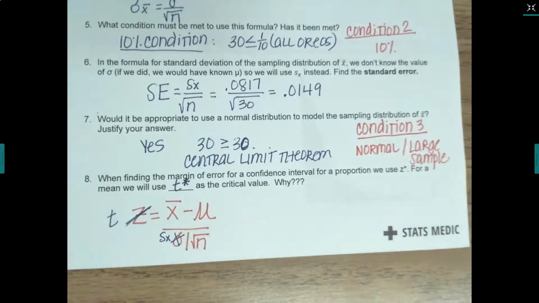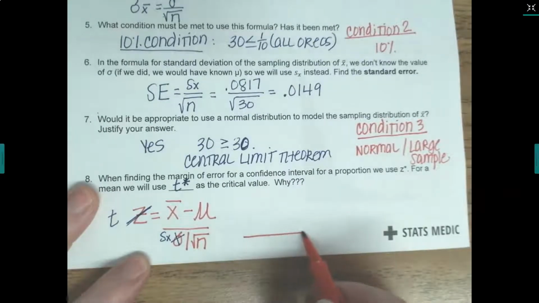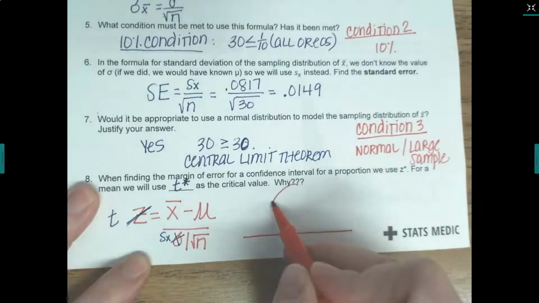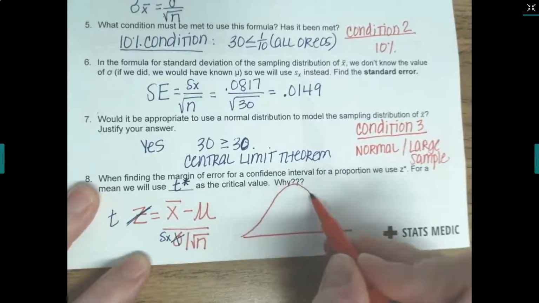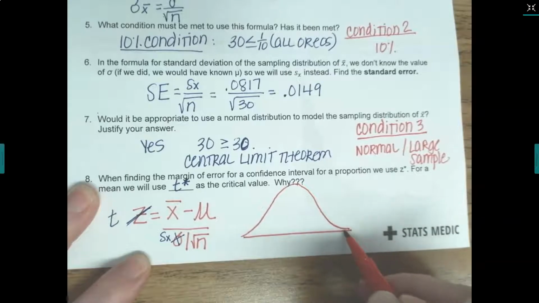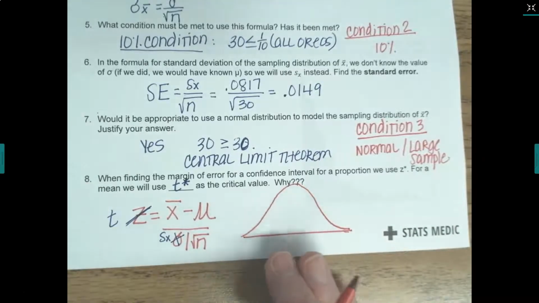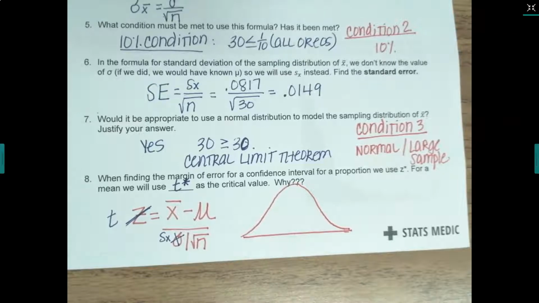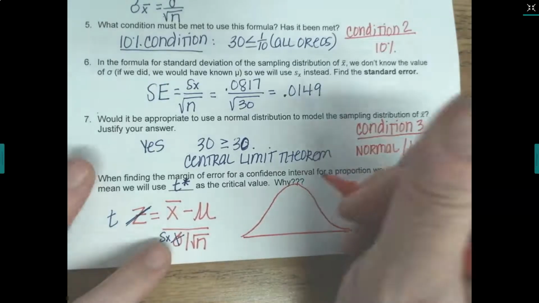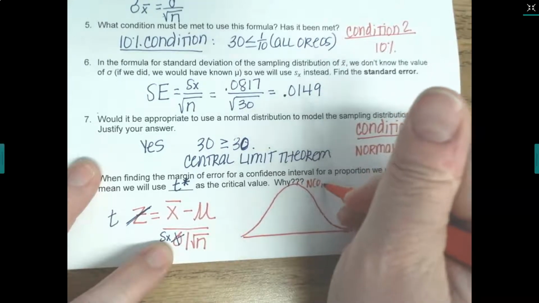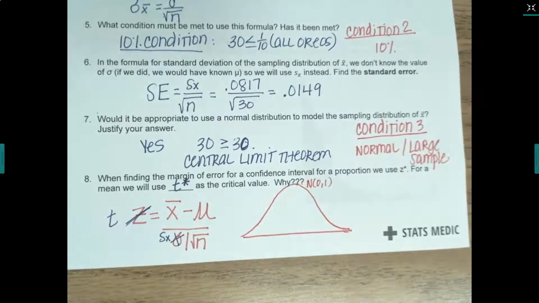So we have a normal curve. You got more in the middle, remember 68%, 95%, 99.7%. And that's our normal curve. So it would have a mean of 0 and a standard deviation of 1.